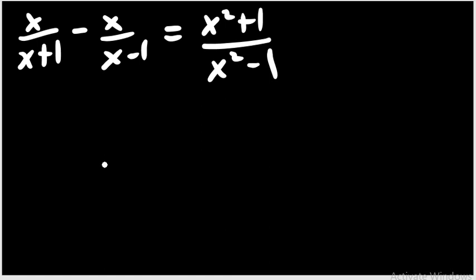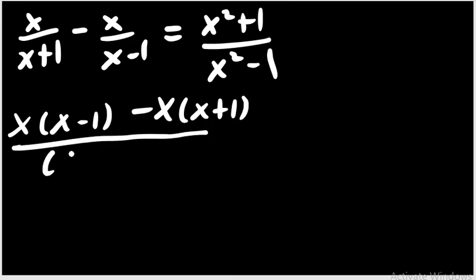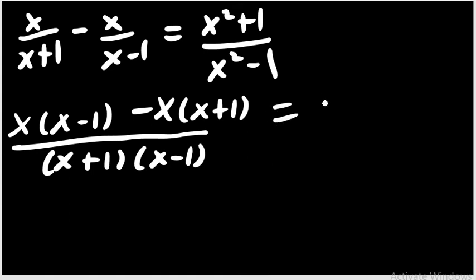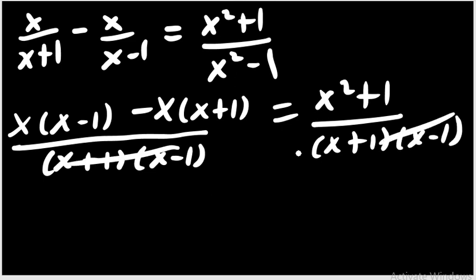So here, crisscross: x into x minus 1 minus x into x plus 1, the whole over x plus 1 times x minus 1. To the right side also, x squared plus 1 over the denominator, which can be factorized as x plus 1 and x minus 1. These two denominators are the same, so the denominators can be cancelled on both sides.